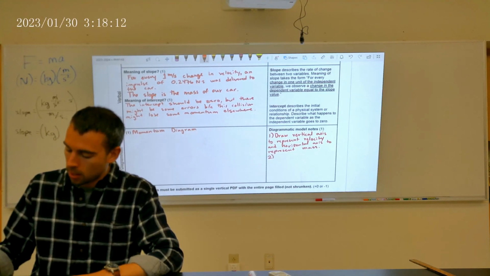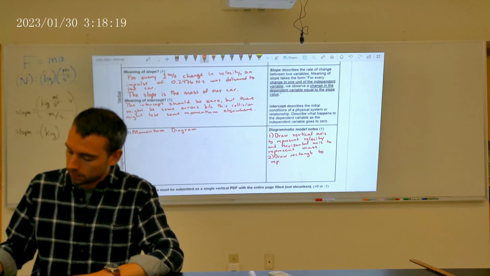2, draw a rectangle to represent the momentum of each object.